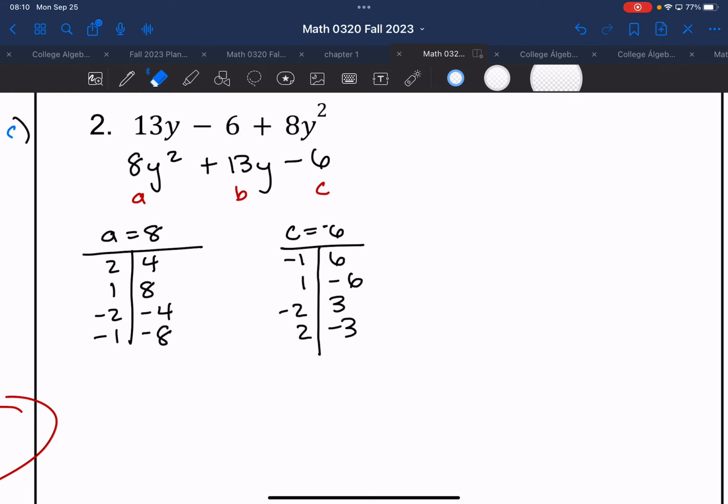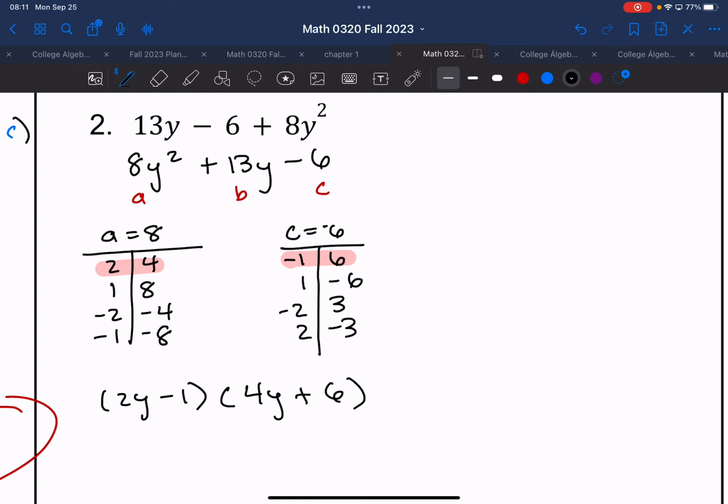So I'm just going to go through and start with the first ones here. So I have 2y minus 1. So I take 1 from my A value and 1 from my C value. And then 4y plus 6.